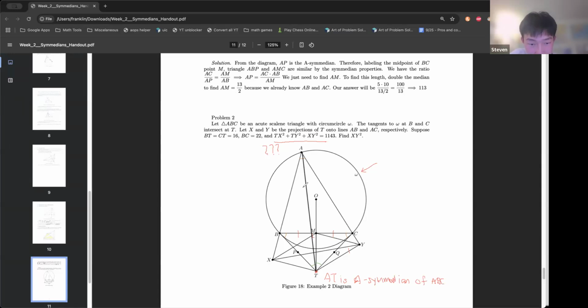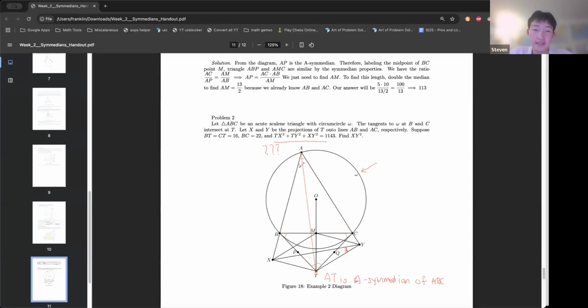Let me repeat: angle TYX equals angle XAT equals angle MAC, and similarly you're going to have the other pair of angle conditions.